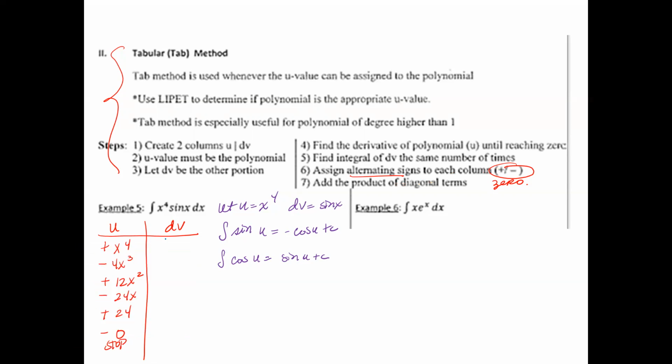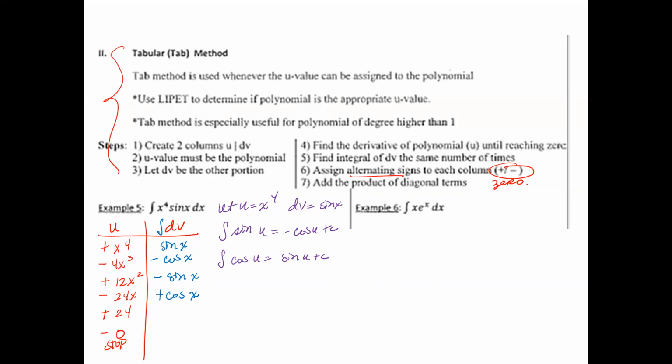Now you're going to do the same thing over here for the dv. dv is sine x. So you're going to go ahead and do the integral because it's a dv, so it has to be integral. Integral of sine x is going to be a negative cosine x. The integral of cosine x is sine x, so negative sine x. Integral of sine x is a negative cosine, so double negative makes it a positive cosine x.